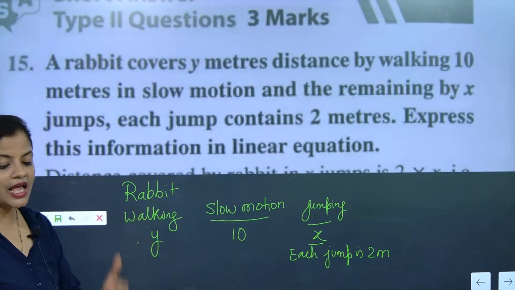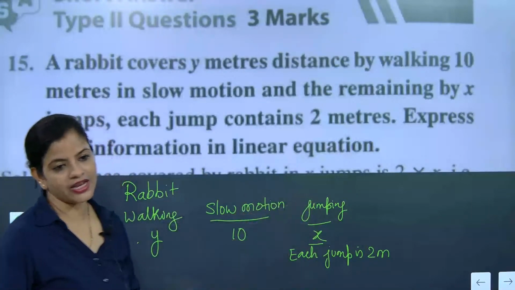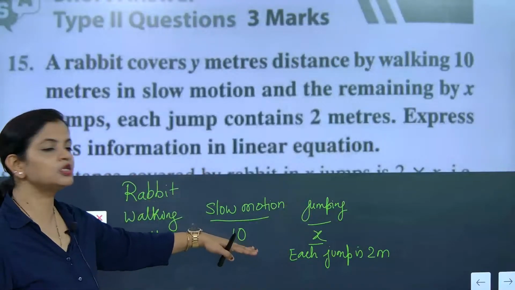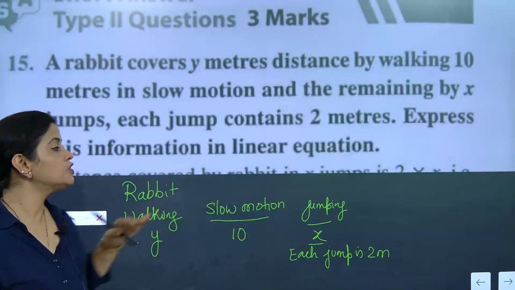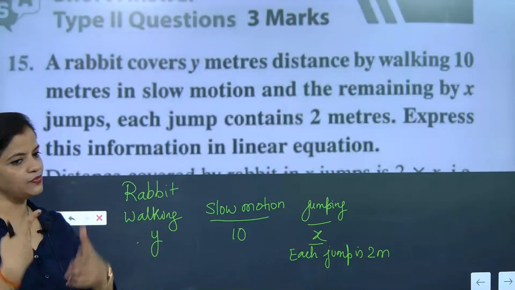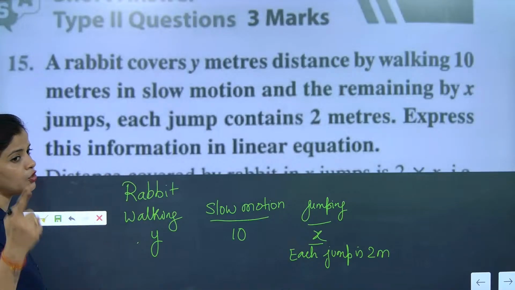In this time of jumping, the rabbit is walking also, slow motion also, and jumping also. So when it is jumping, how many jumps is it doing? X jumps it is doing. And each jump, how much is it taking? 2 meter covering.